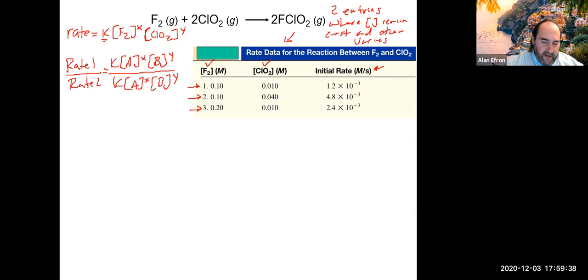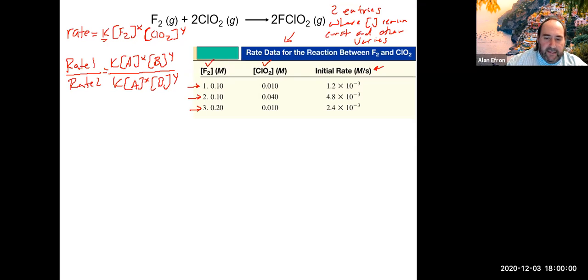So you want to find 2 entries in the table where one of the reactants remains constant, the other reactant varies, or if you have 3 reactants by some chance, 2 of them remain constant and one of them varies. The purpose of that is obviously we want only one unknown, right? So if you have multiple unknowns, it makes it a little bit harder to solve for.